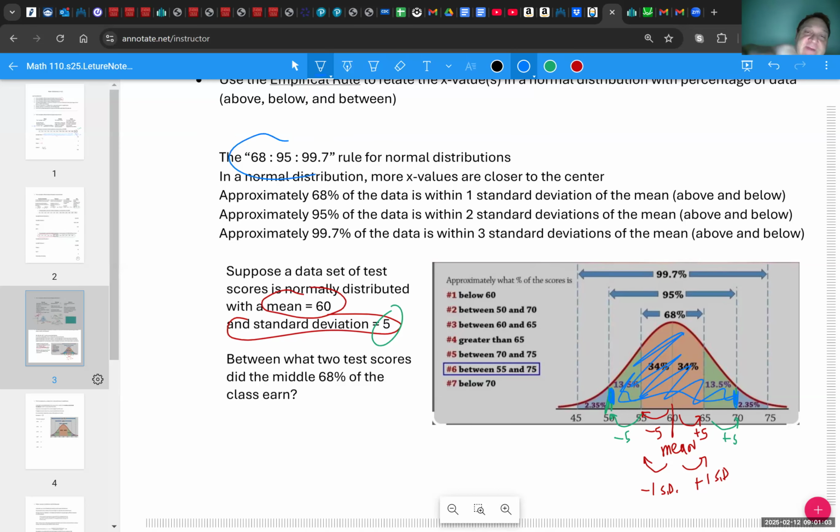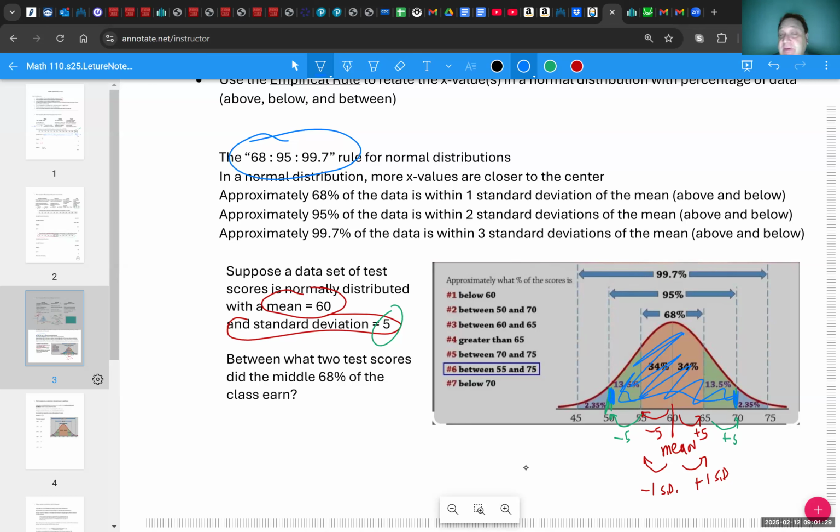So the 68, 95, 99.7 is basically telling us how much data is within 1 or 2 or 3 standard deviations, how much data is in the middle of this distribution of X values. For 2 standard deviations, plus 5 and minus 5, that whole range from 50 to 70 in this example will capture 95% of the data.